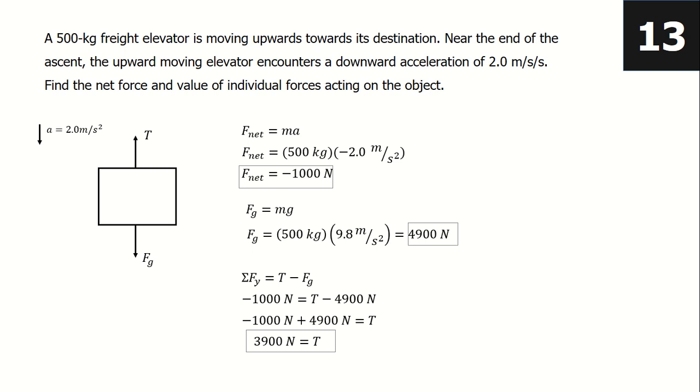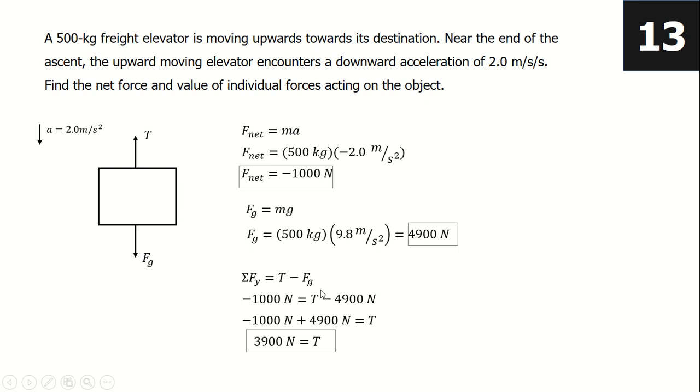I already computed my net force, so I will put that on the left side of the equation, since the left side is the summation of forces, or my net force, or my unbalanced force, which is negative 1,000 newtons, equal to tension, which I don't know, minus the gravitational force, which is equivalent to 4,900 newtons.